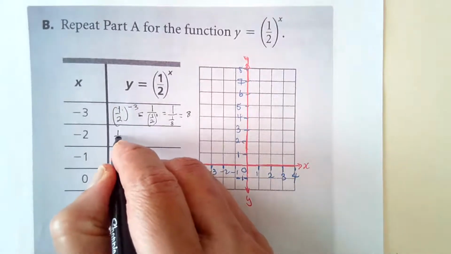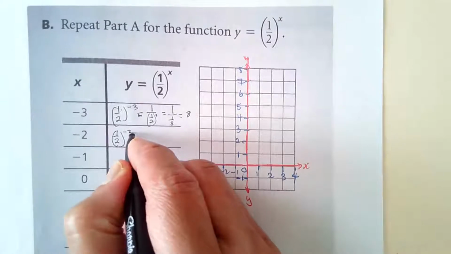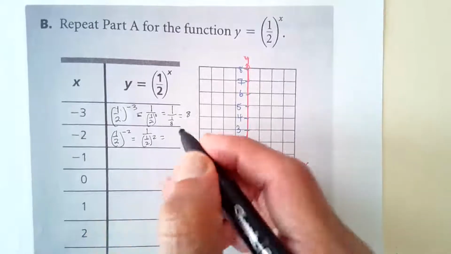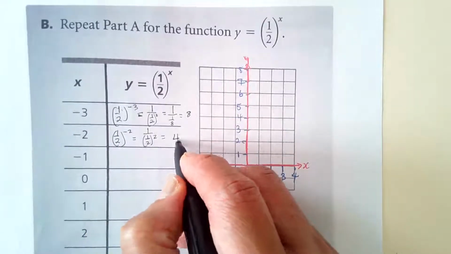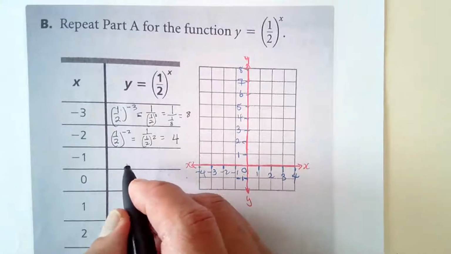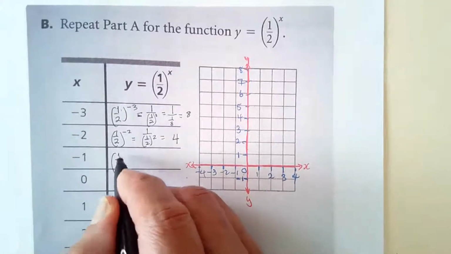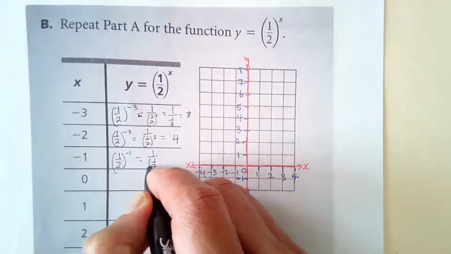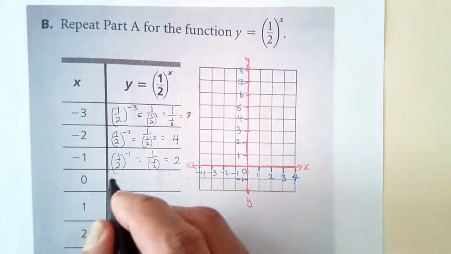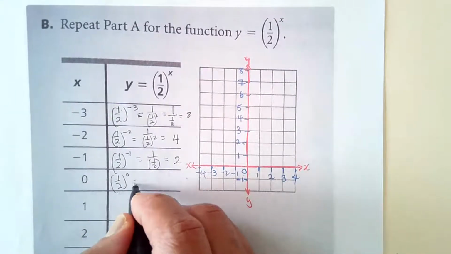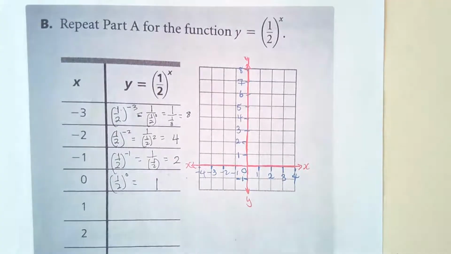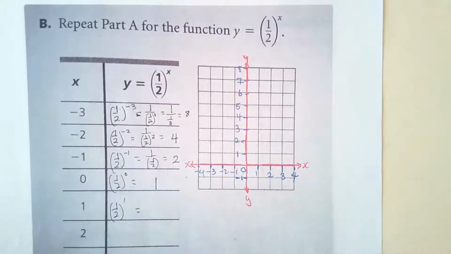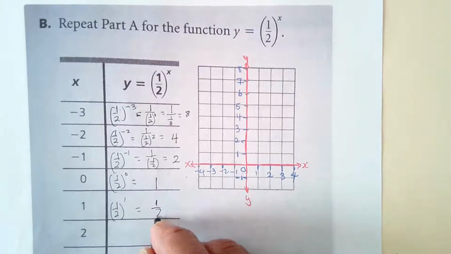Next, we have (1/2)^-2, which is 1 over (1/2) to the power 2. It gives me 4. (1/2)^-1 is 2, (1/2) to the power 0 is 1, which is our zero exponent rule. (1/2) to the power 1 is a half.